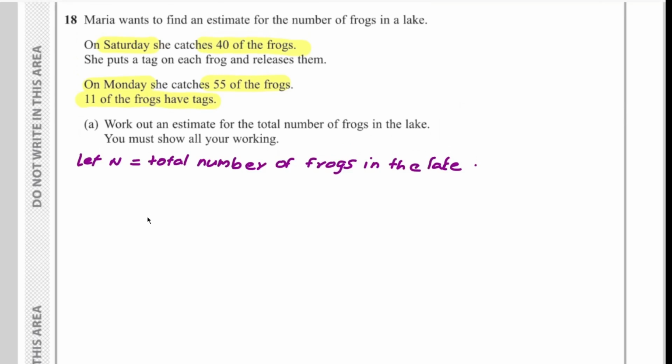Tagged in the second catch. Okay, let's write it in this way.